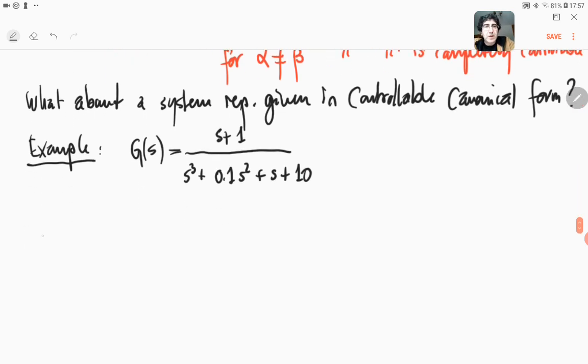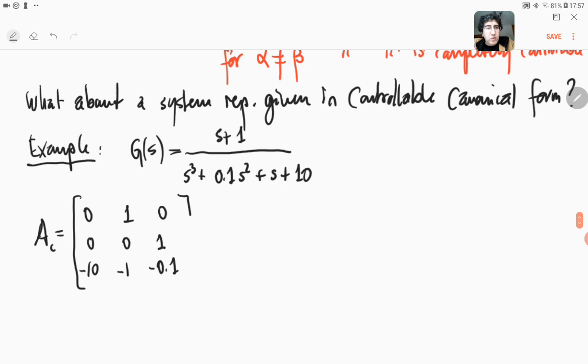Its controllable canonical form, A_C, is given by 0, 1, 0, 0, 0, 1, and then the coefficients from the characteristic equation.